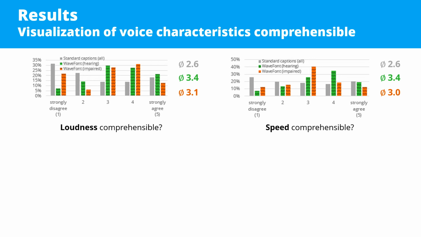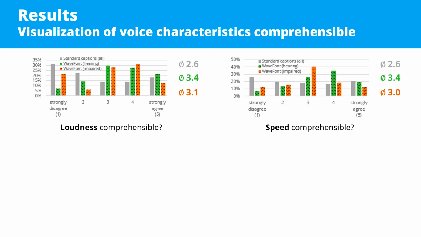First, we asked about the comprehensibility of our visualization. As you can see in the figures, we also ask for standard subtitles to have a comparison. Furthermore, when evaluating the WaveFont captions, we differentiated between results of hearing impaired and non-hearing impaired people.